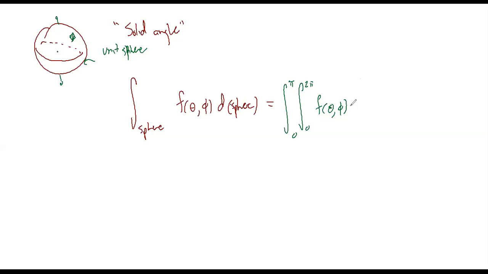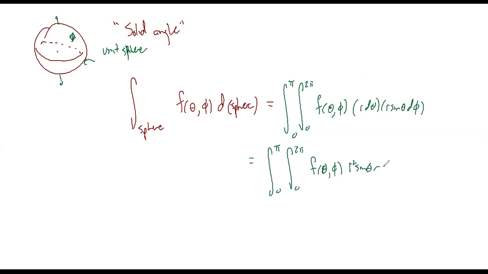So we need r d theta and r sine theta d phi. So this really is the integral 0 to pi, 0 to 2 pi, f of theta and phi, r squared sine theta d phi d theta. Honestly, these should be flipped because I put the 0 to 2 pi inside. Okay, so scale factor.